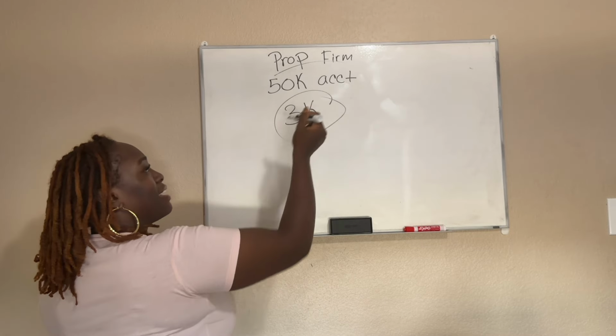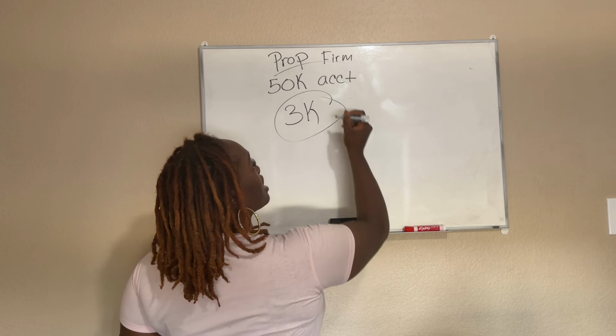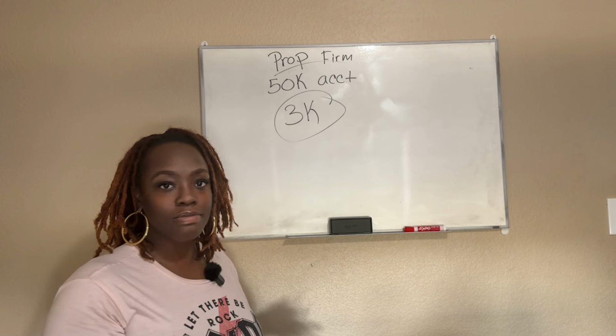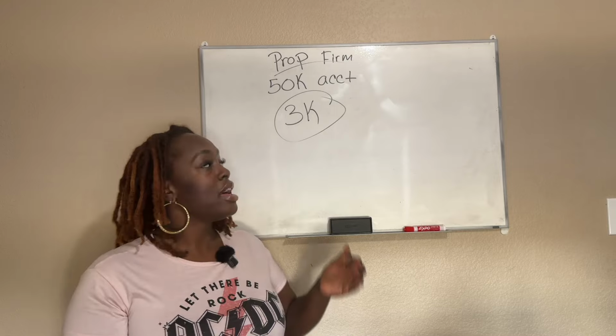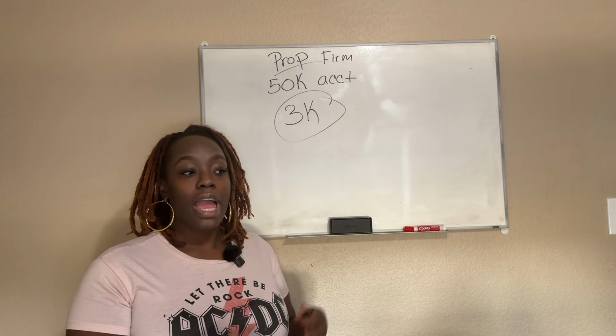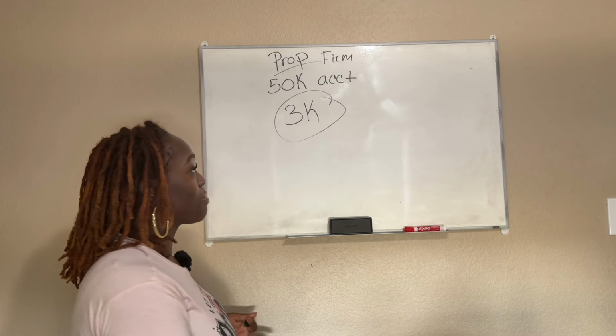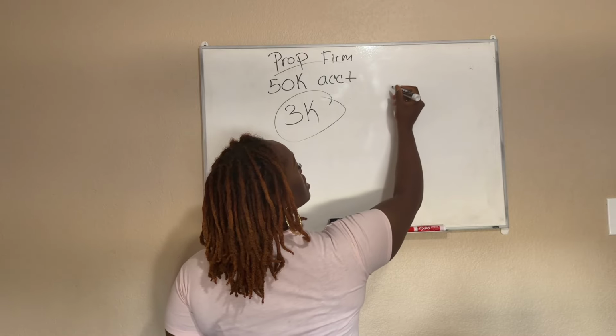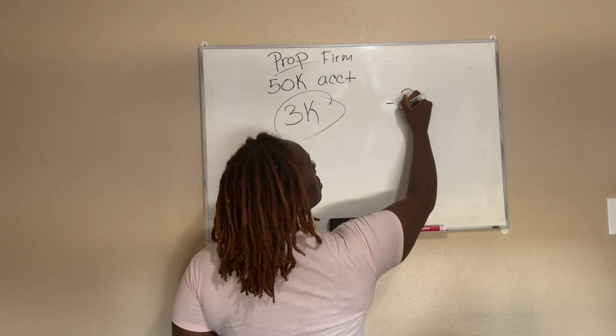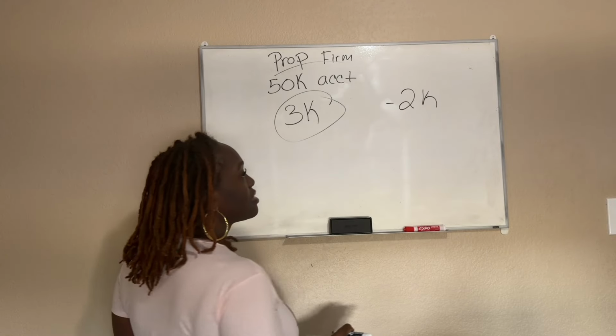3K. Why? Because when you first purchase an account, say you're paying $50 for this account, they give you an account after you pass, because you have to pass. In order to pass, you have to make 3K, but you cannot lose 2K.